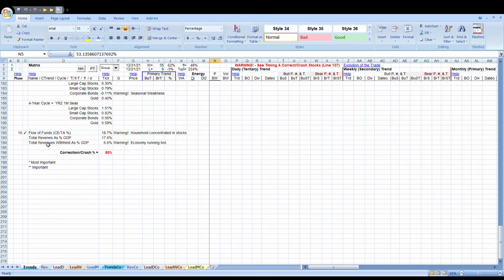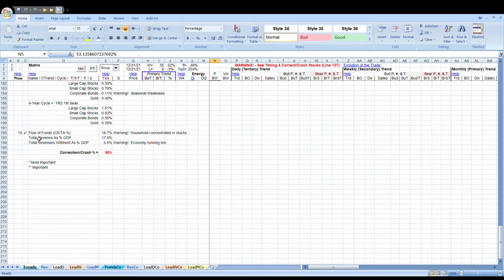What I've also included is down here in the last section. These are capital flows from the flow of funds. This suggests household concentration in stocks, which itself is a warning. These are also based on the revenues being collected.